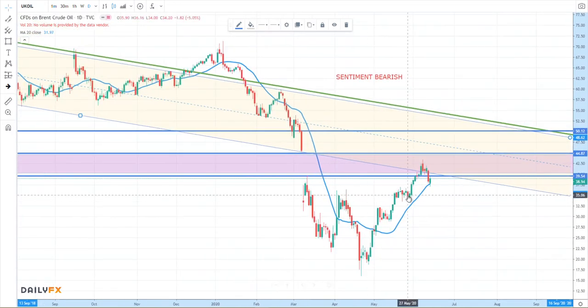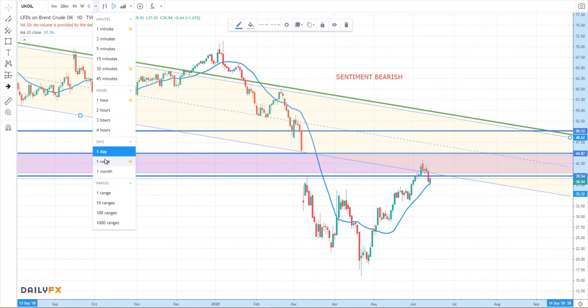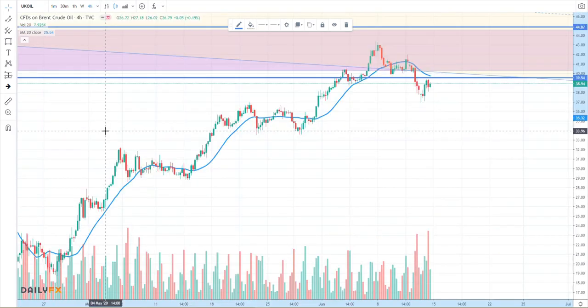Price is underneath that, so any attempt to break into this, I think, will meet a quick sell-off like we discussed. Let's go ahead and look at our 4-hour. Aha! So on the 4-hour, we see that price moved into that zone and was sold off, and now is moving underneath the fast-moving average. Now to be careful, we see that happen here historically, and then it pops back above.